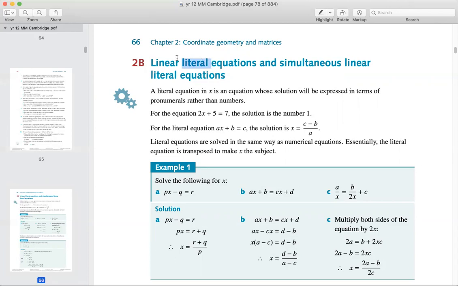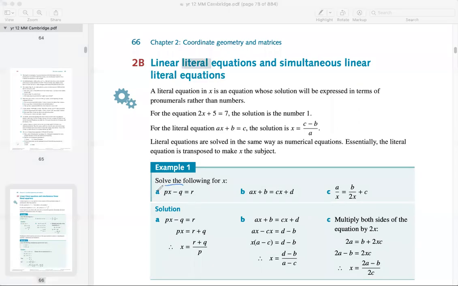For instance, over here we have px minus q equals r, and we solve for x, like making x the subject. px is r plus q, so x is just r plus q over p. Every time you give me one value for r, one for q, and one for p, I can always give you the answer for x.